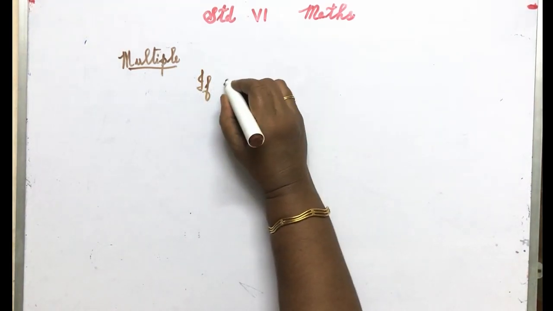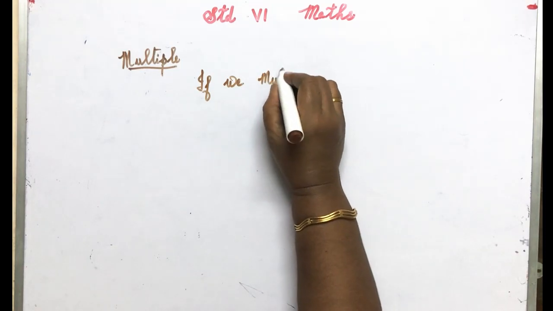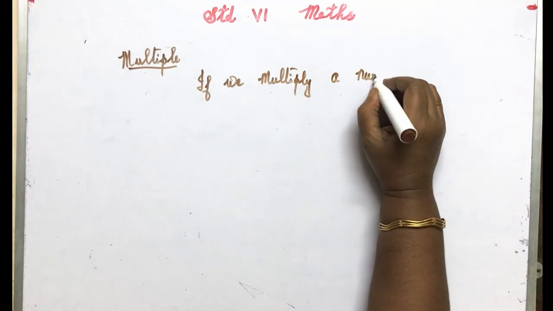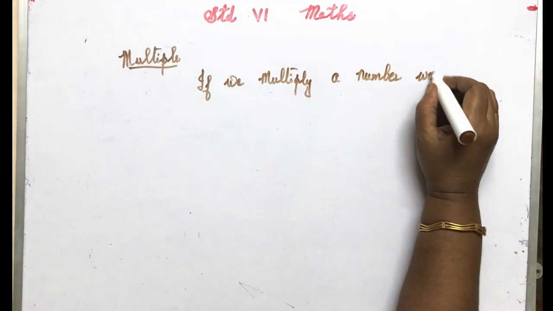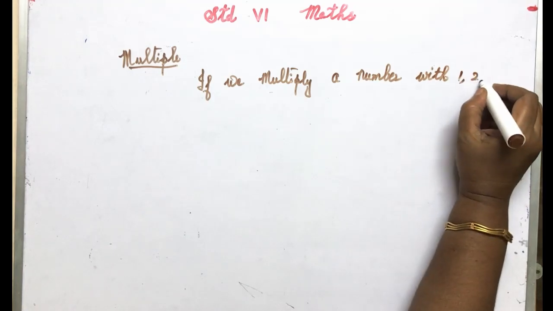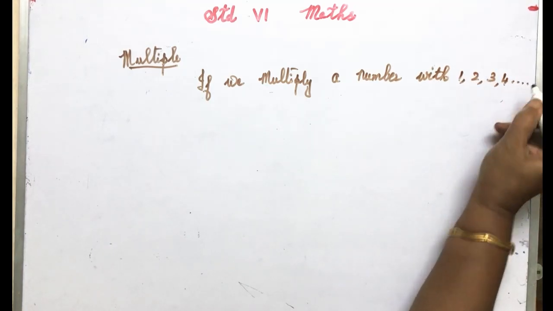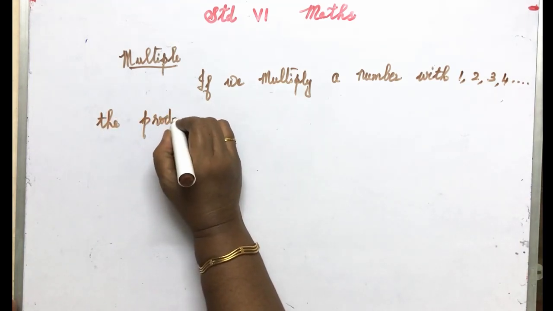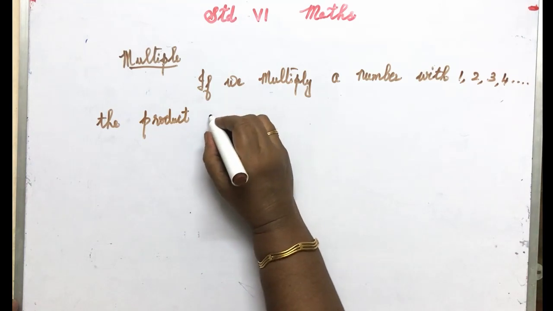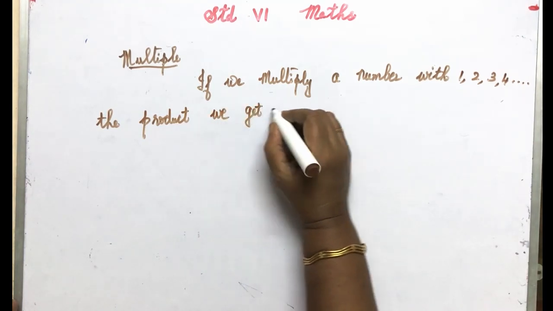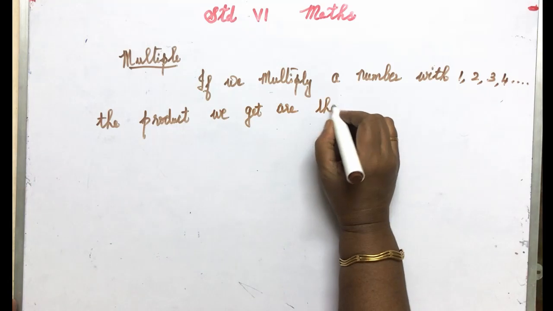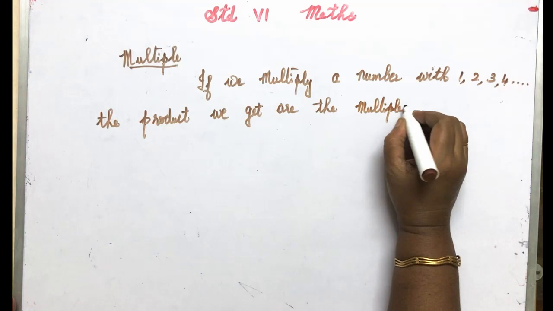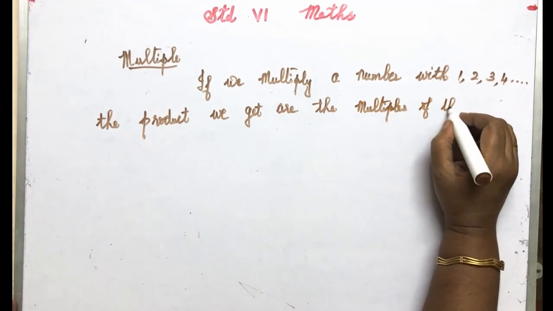If we multiply a number with 1, 2, 3, 4, etc., the products we get are the multiples of that number.